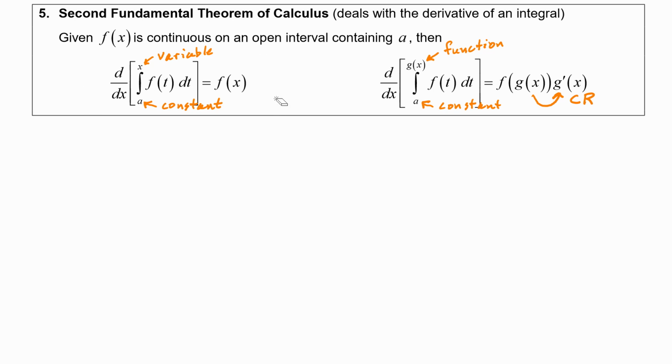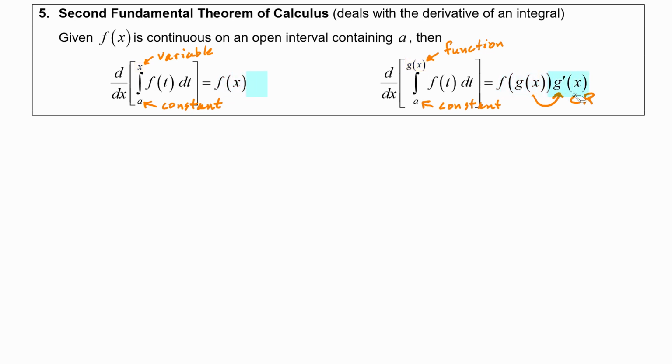Now this rule over here is just a simplified version of the general rule where the upper function is just x. So if you look at this f of g of x, that becomes f of x because that upper limit is just x.